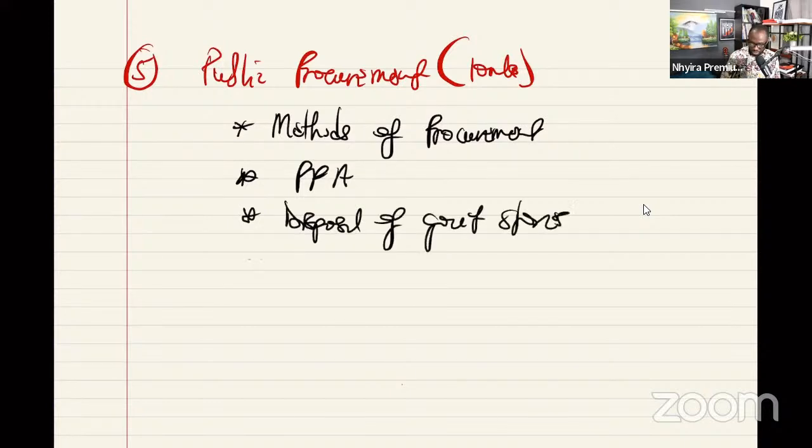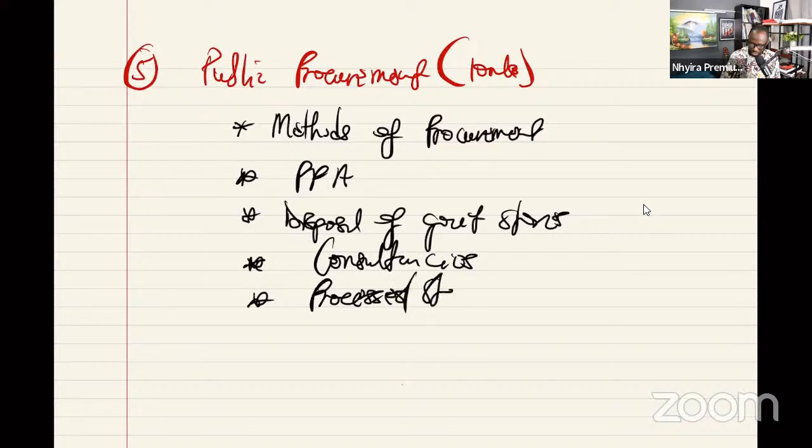Very critical. Then we need to understand procurement of consultancy, huge area. Then the processes or stages of procurement, as well as the principles of procurement.